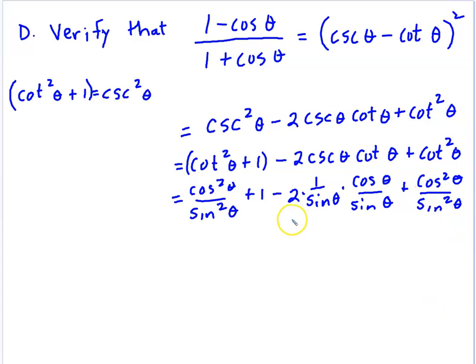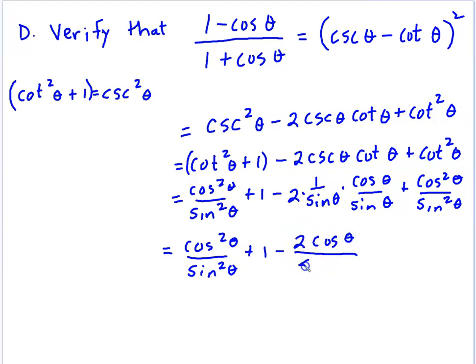All right, so you can kind of see how we're going to have a common denominator because when I multiply, let me just go ahead and do another step here. When I multiply these together, 2 times 1 over sine times cosine over sine, that becomes 2 cosine theta all over sine squared theta.